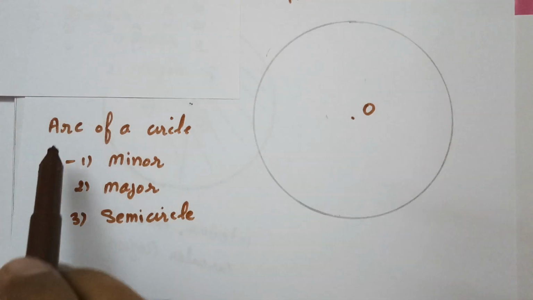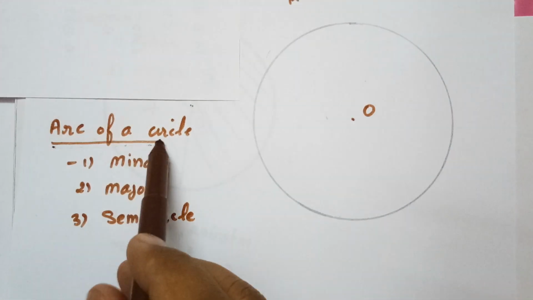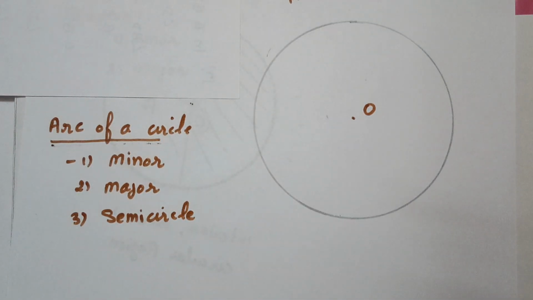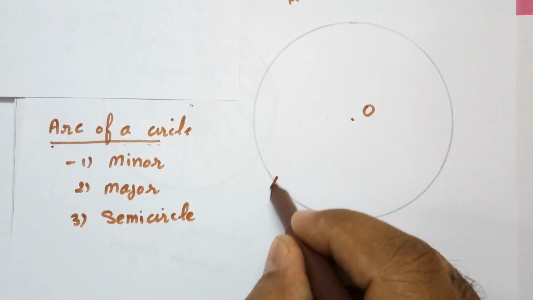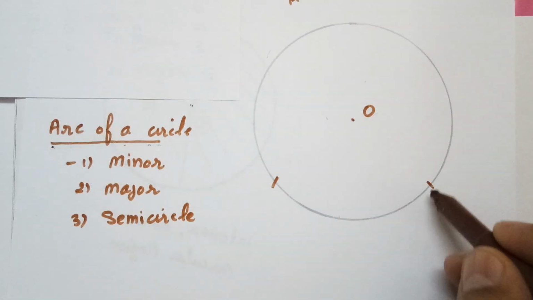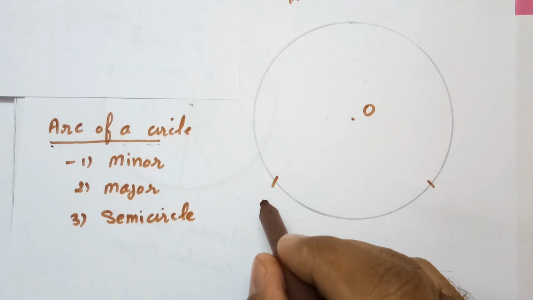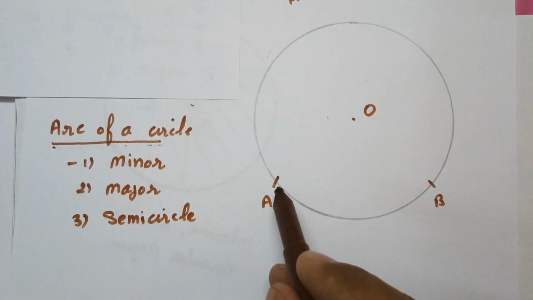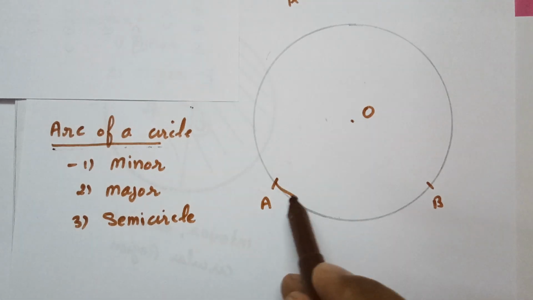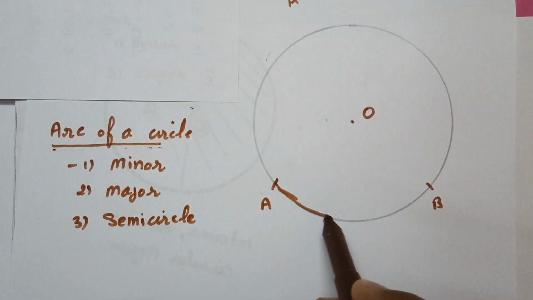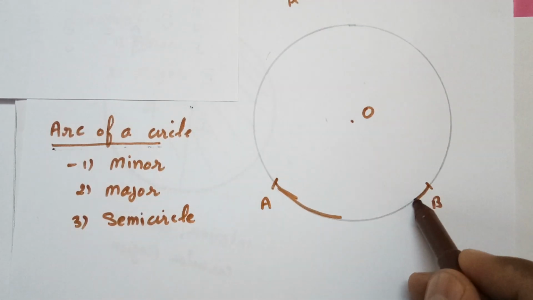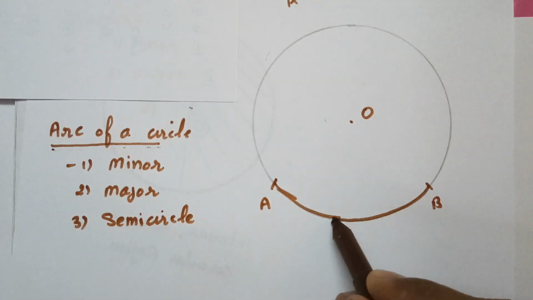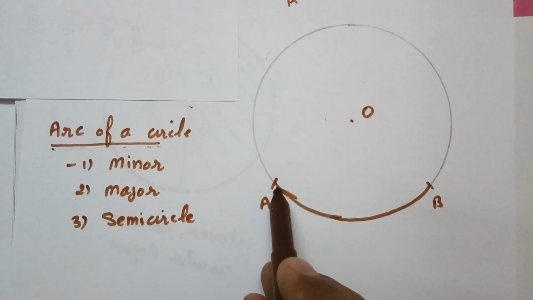Next concept is arc of a circle. An arc of a circle is a part of a circle. Just like here, this AB is a part of the circle, only a part of the circle. This AB is the arc.